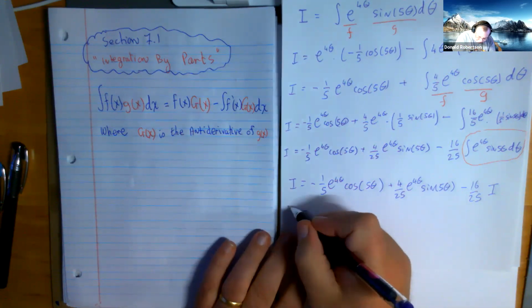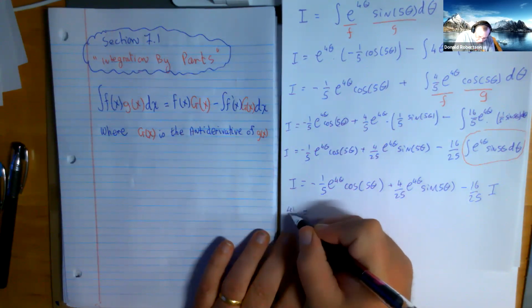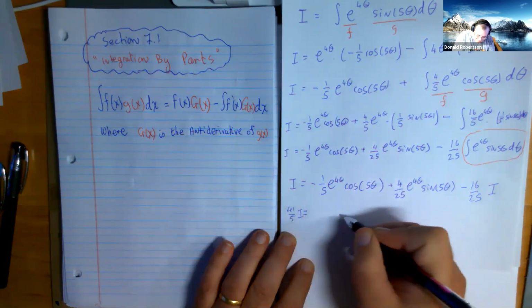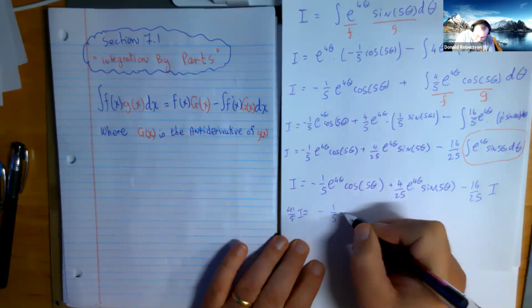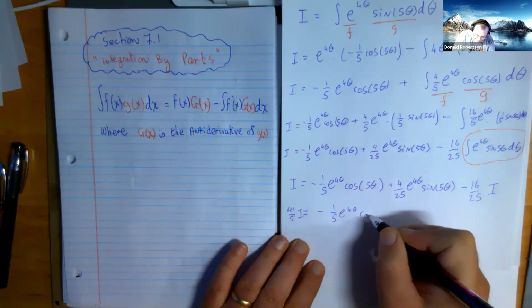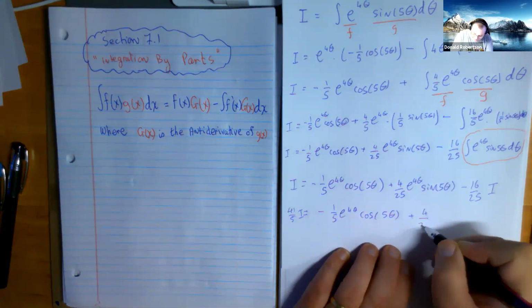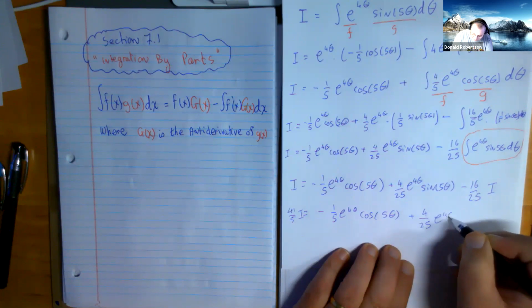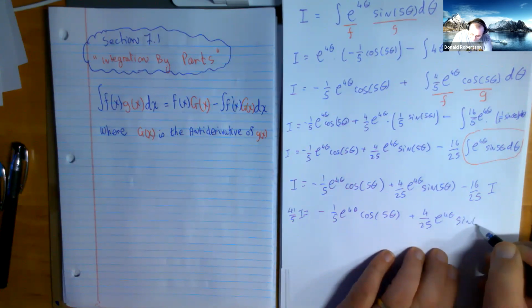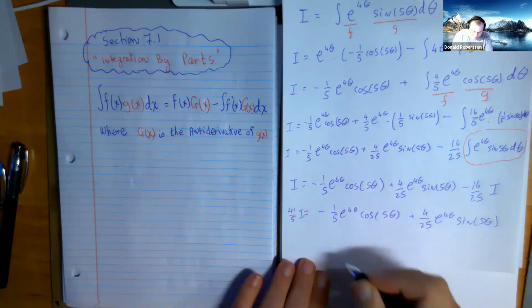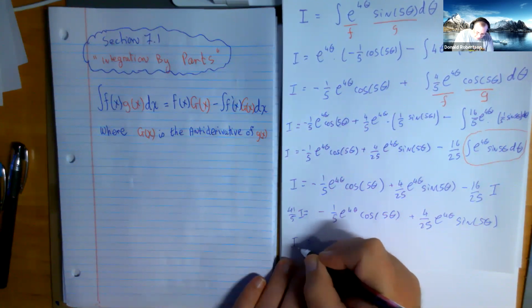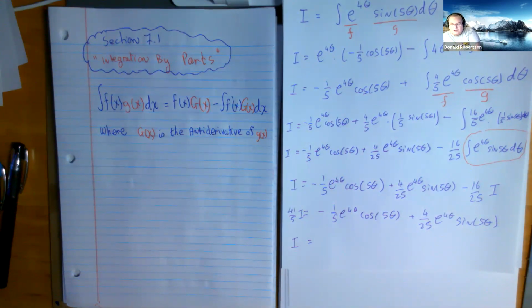That gets me 41 fifths I is all of this. So how do I now get I?